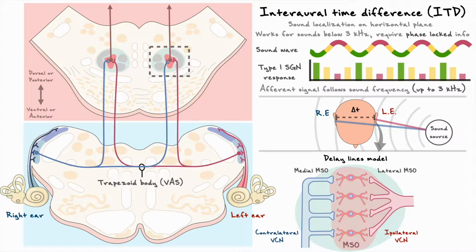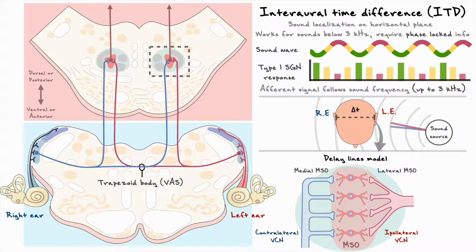Now, as you can see from the zoomed figure of the MSO, the ipsilateral and contralateral fibers are quite different. Indeed, ipsilateral fibers are all the same length, whereas the contralateral fibers have varying length. This distinction is very important because the bipolar cells inside the MSO act as coincidence detectors, and to best understand this, let's go back to our sound source and follow the trajectory of the signal step by step.